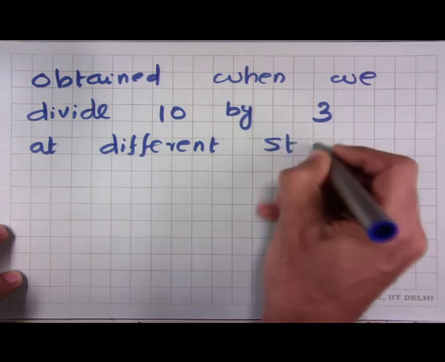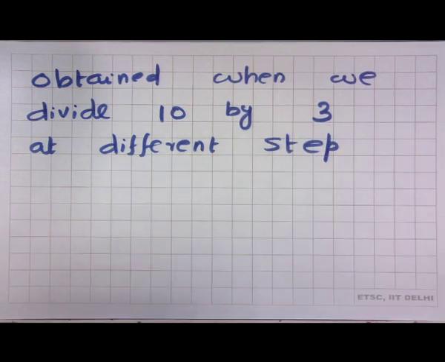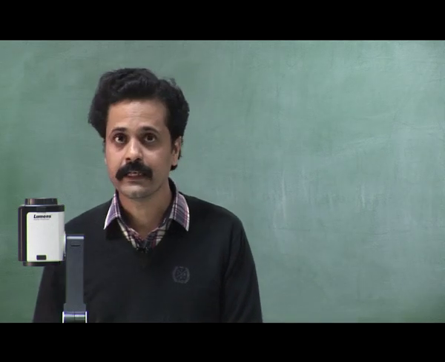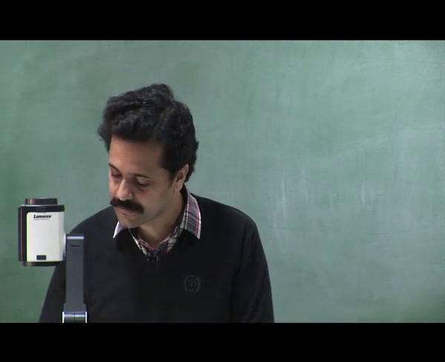So, what we want to list is the quotient that we obtain in the division process while we perform the division in a step by step process.